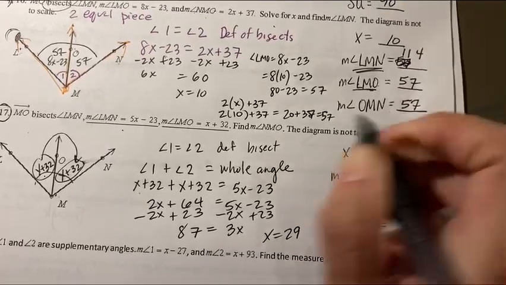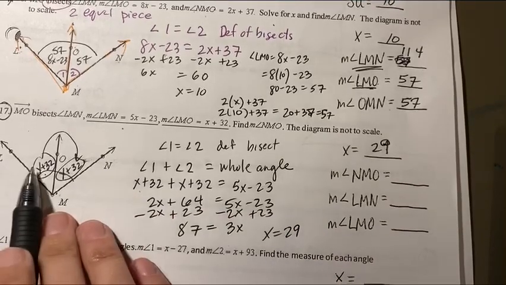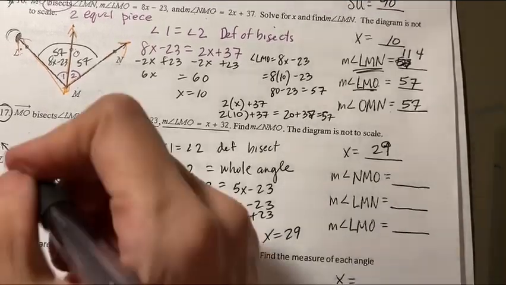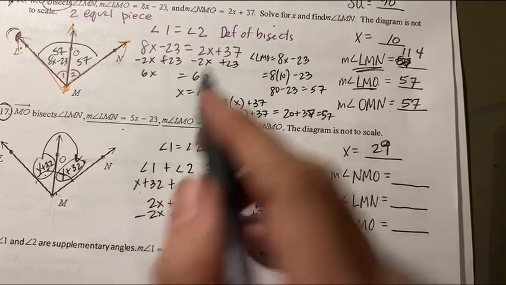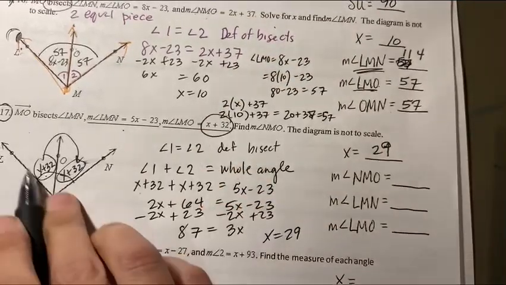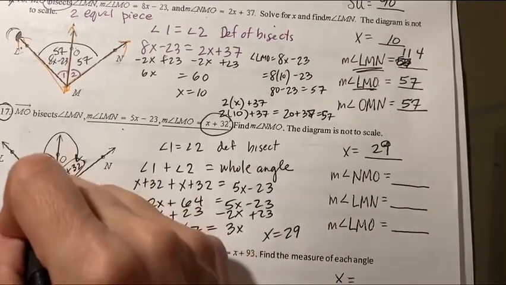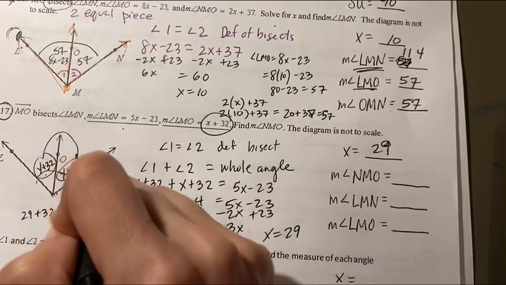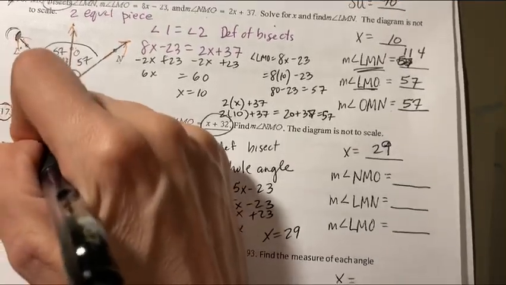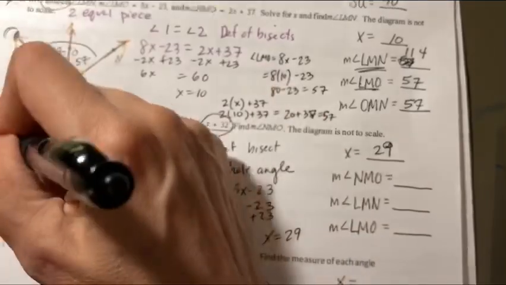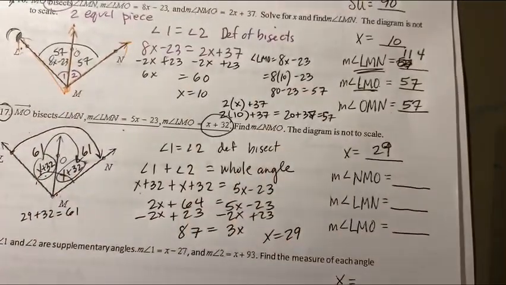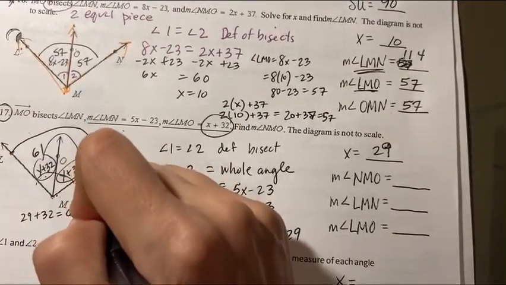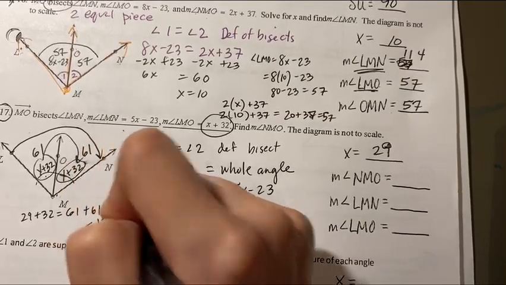So let's do it, and let's see if all this works out. So if we substitute this back in, x plus 32 is this first angle. So 29 plus 32 is 61. We know this angle is 61, and the whole thing has to be 61 plus 61, which would be 122.